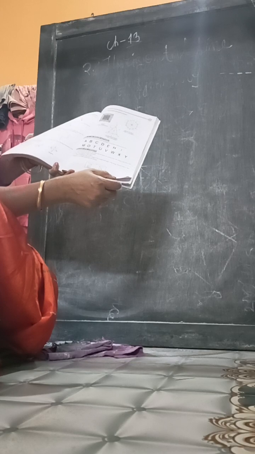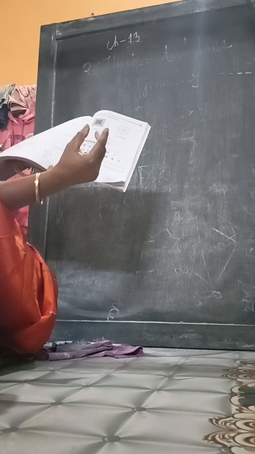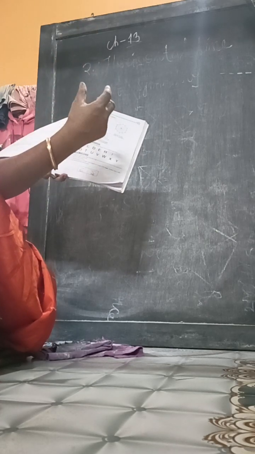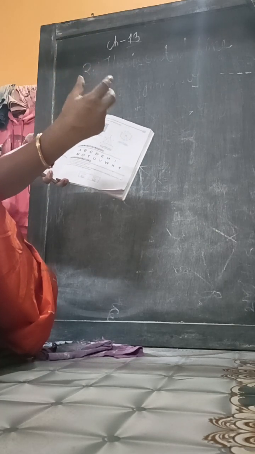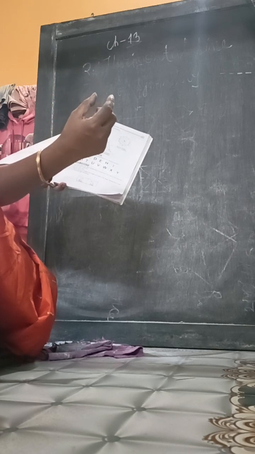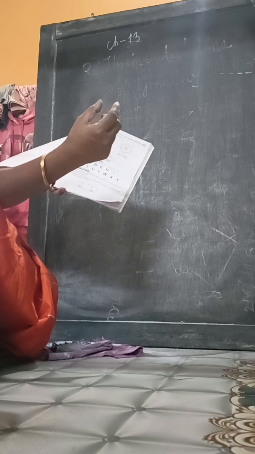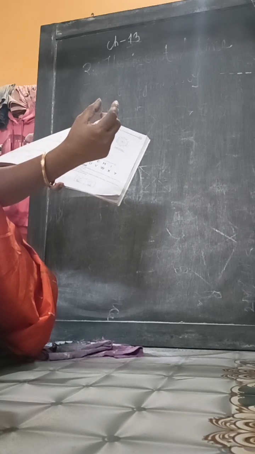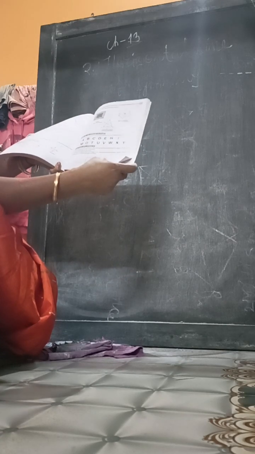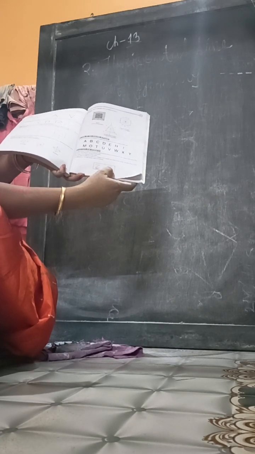Then see reflection and symmetry. What is reflection? When light falls on an object and after striking the object it goes back to the first medium, this phenomenon is known as reflection. See, you use mirrors in daily life. In a mirror, what do you see? You see your image. This is the object and this is the image.